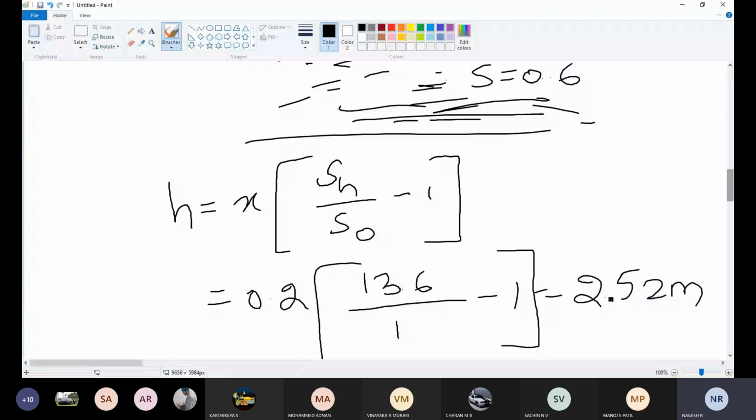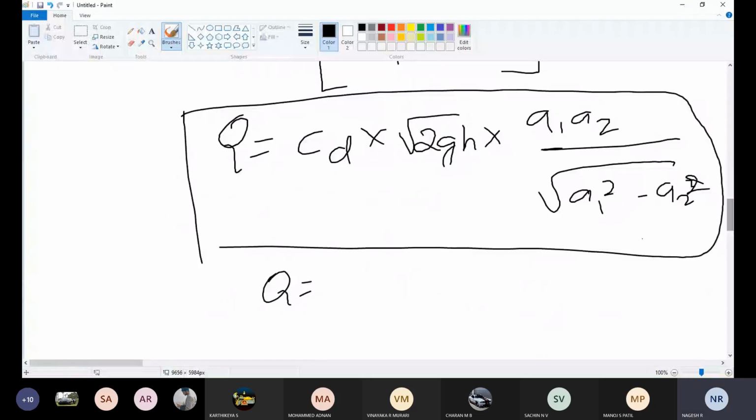Calculate A1, A2 and tell me the answer. 28.201 liters per second. Did anyone get 125? 125.85 is the answer.